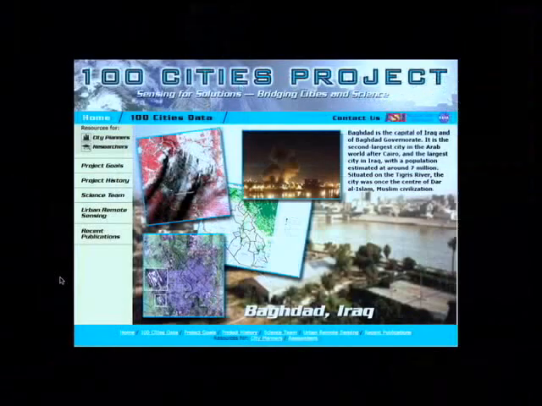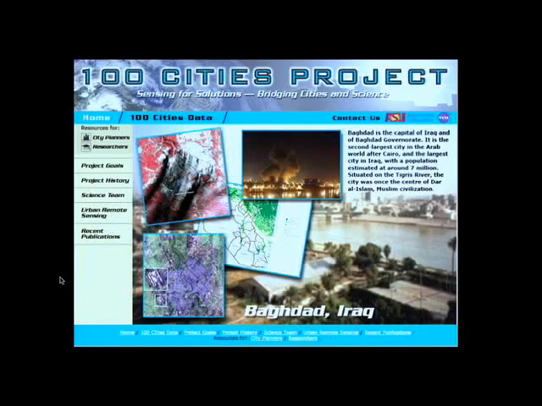Just a couple more applications, some things that we're doing that I wanted to mention. As part of a NASA activity a few years back, I started something called the 100 Cities Project, whose goal was to monitor 100 cities around the world. In doing that, we were trying to collect all kinds of information, not just satellite data or remote sensing data, but socioeconomic data, geographic data, land use data, zoning data.